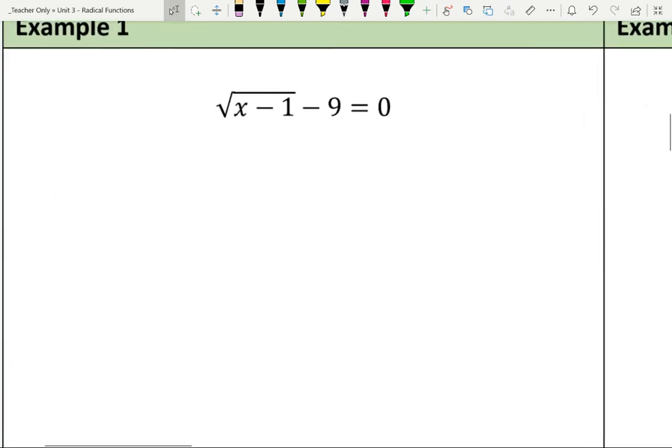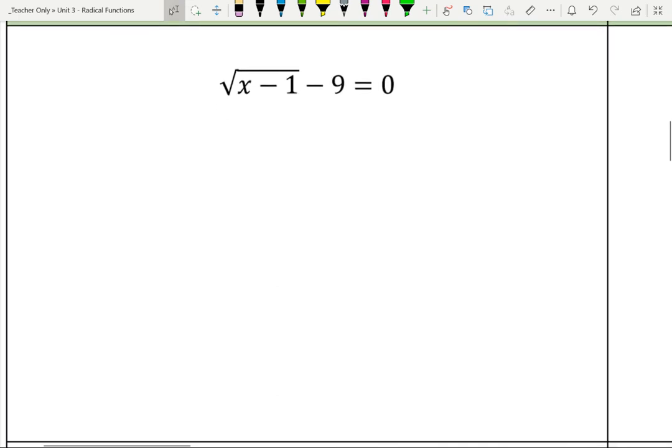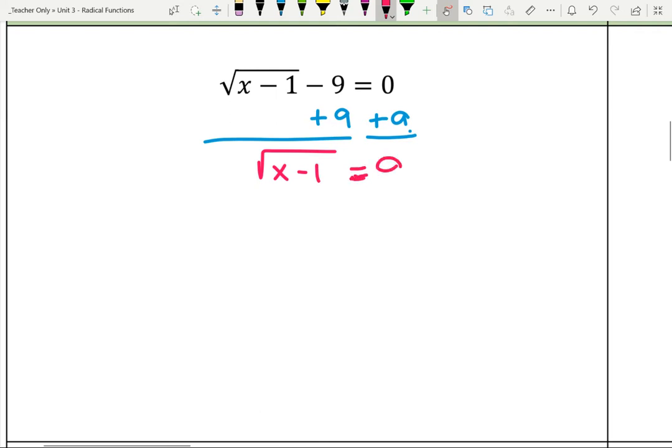The square root of x minus 1, minus 9, equals 0. If our goal is to isolate the variable eventually, we need to isolate the radical first. Those inverse operations that you know and love, they're still going to stick around for a little while longer. So I'm going to add 9 to both sides. That makes the square root of x minus 1 equal to 9. Now that x is kind of locked inside that square root, but we know the key.